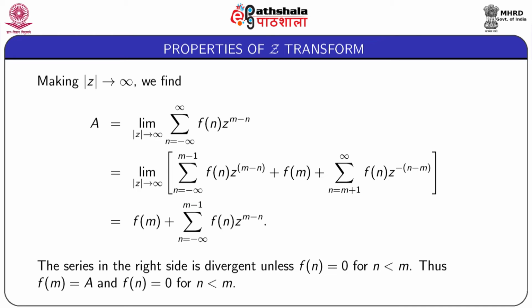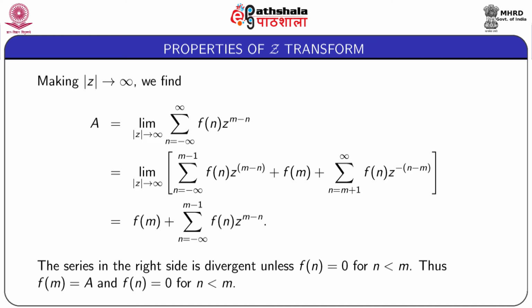So that we obtain A equal to f(m) plus summation n equal to minus infinity to m minus 1 f(n) z to the power m minus n, because the last summation is equal to 0 as mod z tends to infinity, and here n is greater than m.